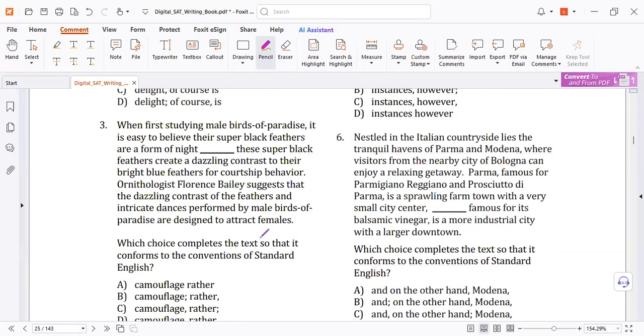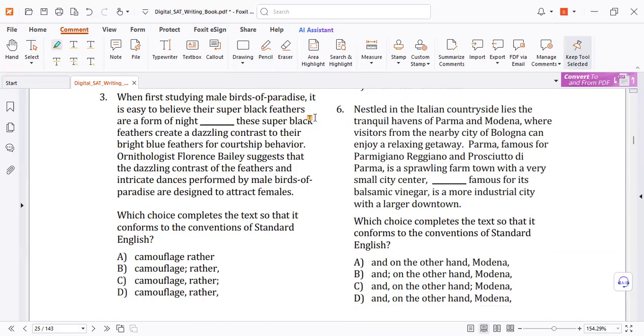Again, so we have a complex sentence. Good job. And then the second sentence. Excellent. Where is the position? At the beginning of the second. Perfect. So we need a comma after at the beginning. So it will be B again.